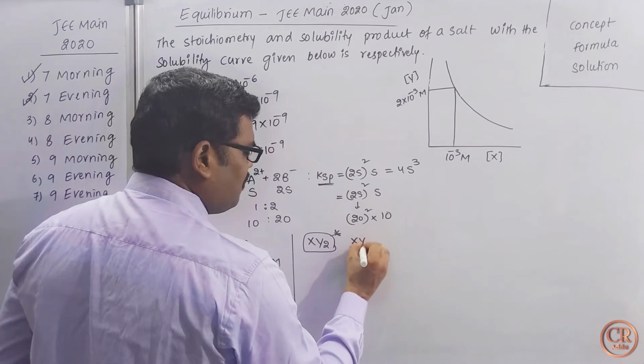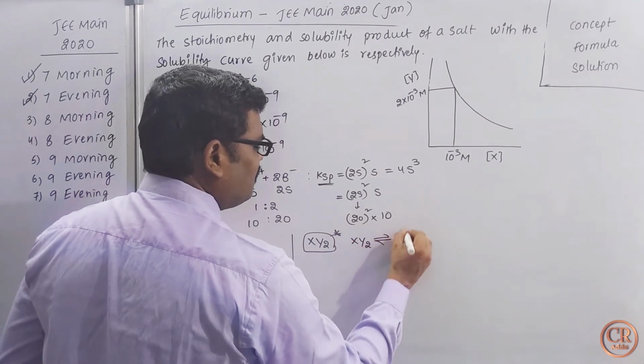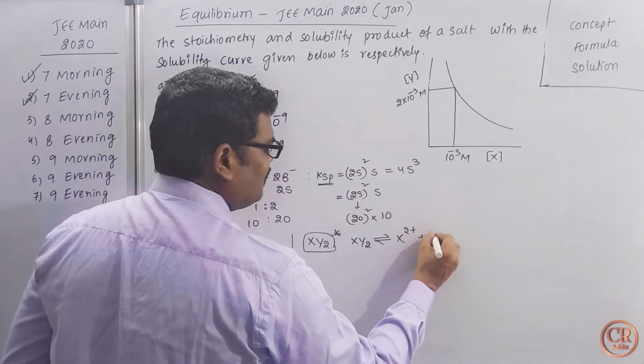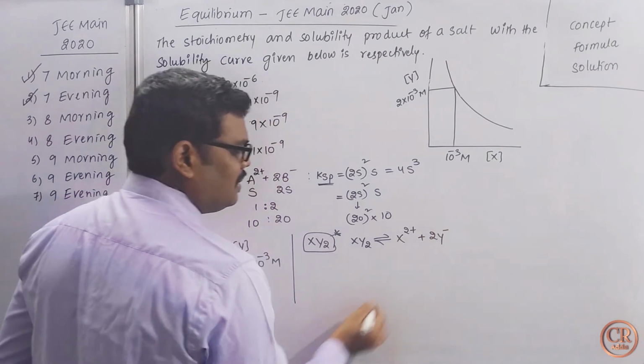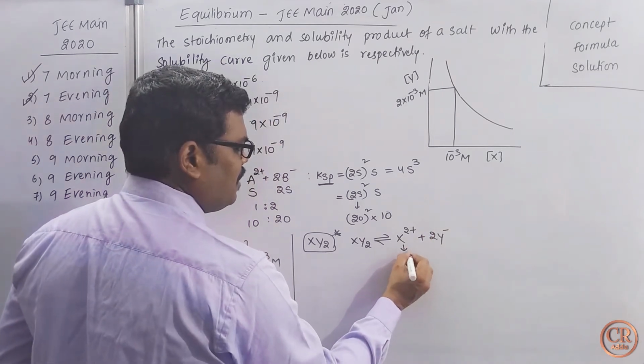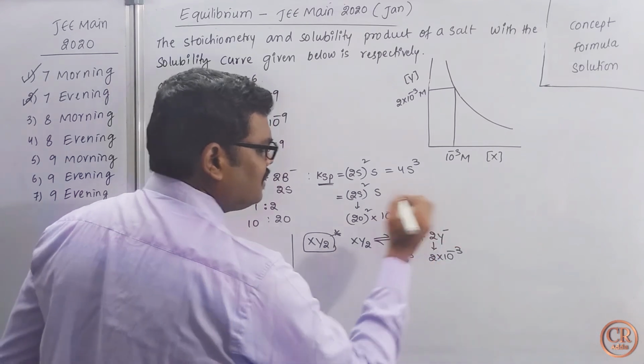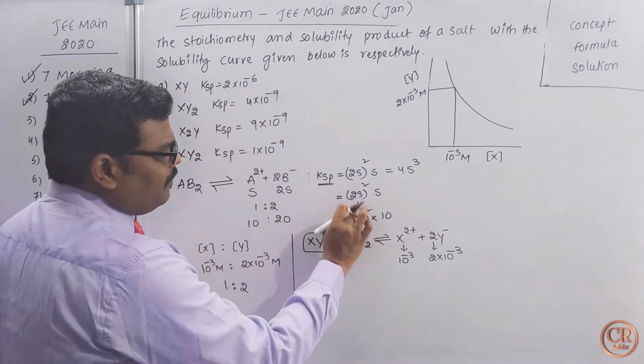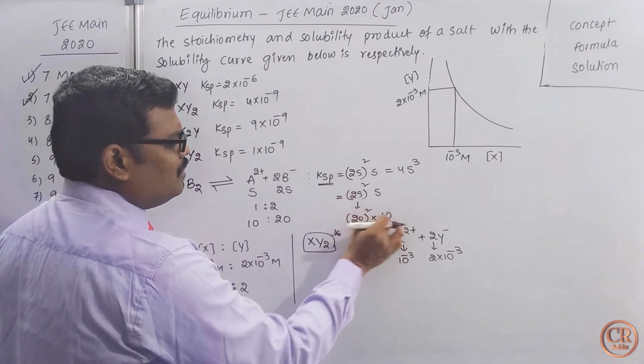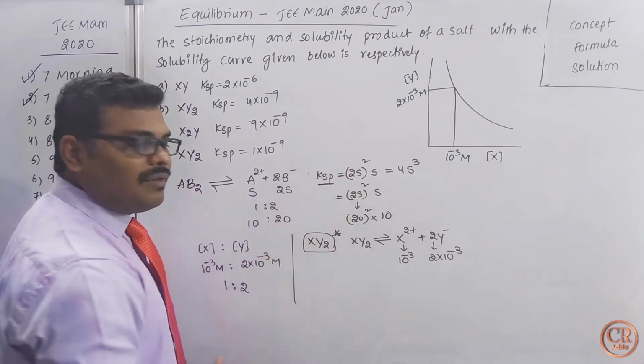Now when XY2 dissociates, it gives X2+ and 2Y minus. Now its concentration is 10 power minus 3, and its concentration is 2 into 10 power minus 3. Already I told you, if you take the concentration directly, you can substitute. This product gives the Ksp value.